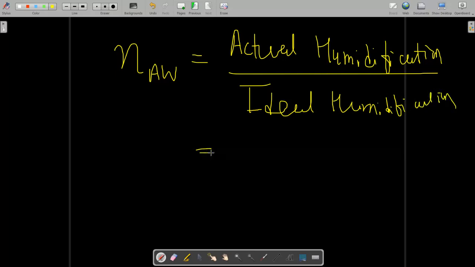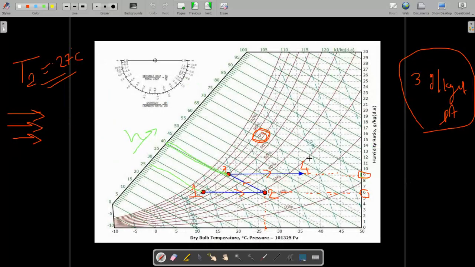Actually, how much moisture is added per kg? That means 9 minus 6 gram per kg of dry air. And ideally, on this constant enthalpy line, if we go, the humidification process always takes place on a constant enthalpy line.